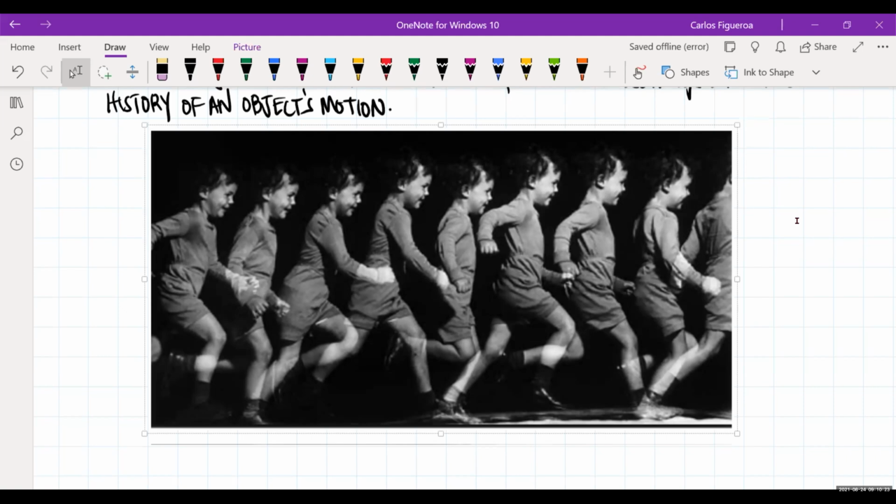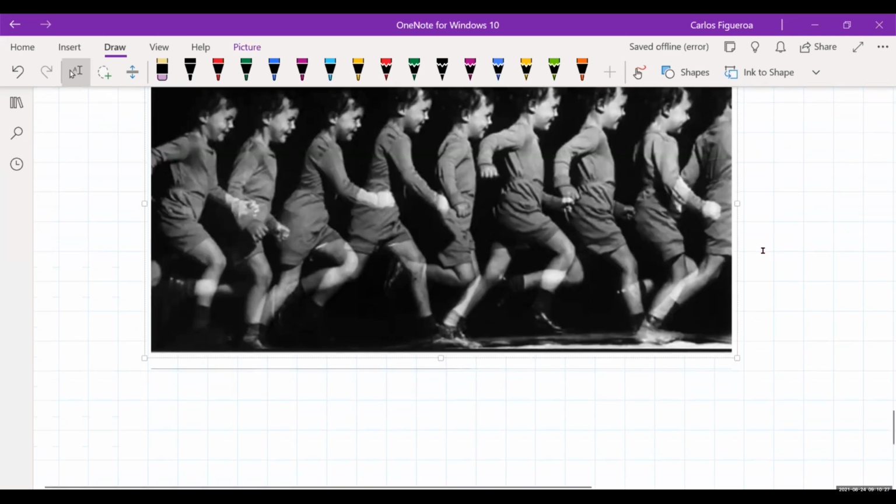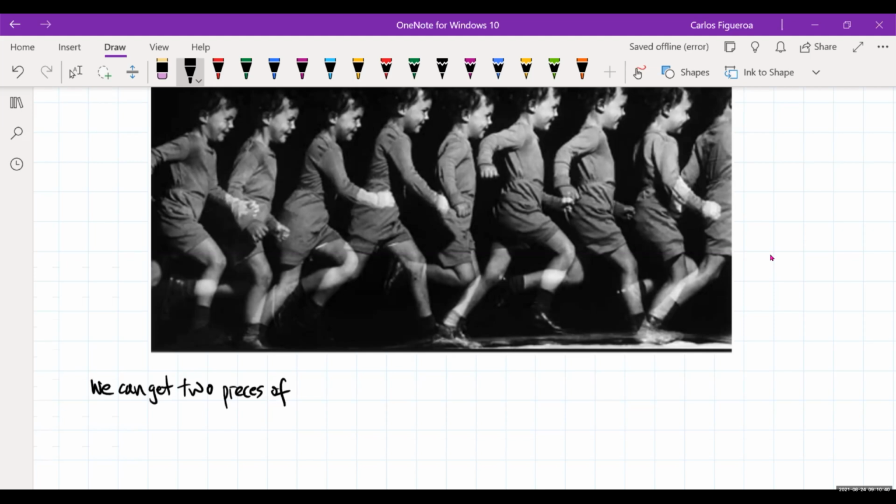So what we need to do here is that we can get two pieces of information from this image, right?